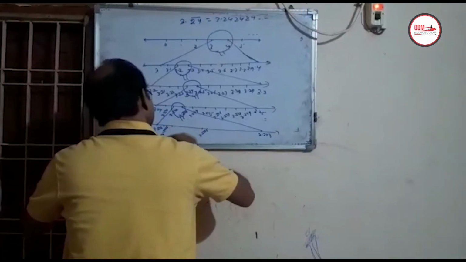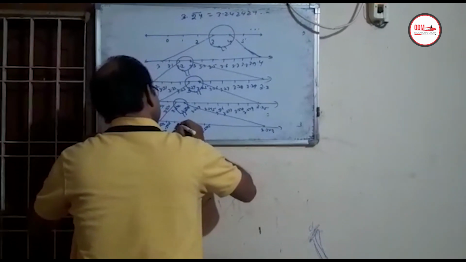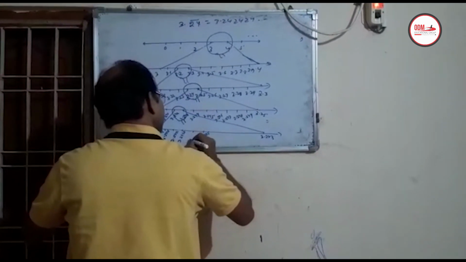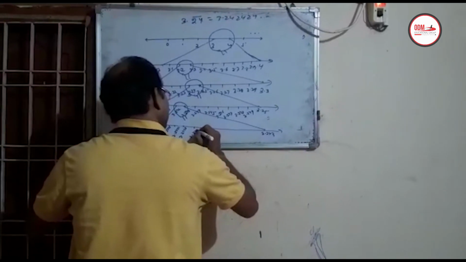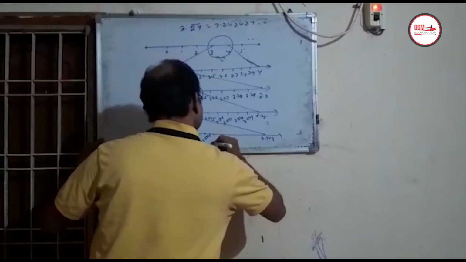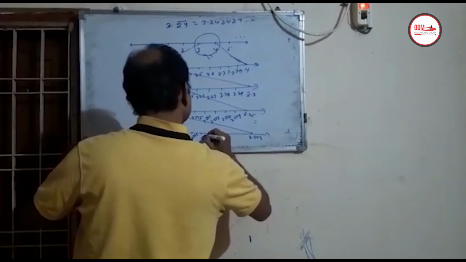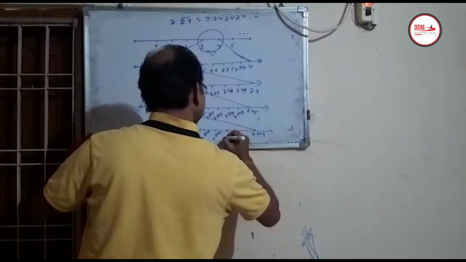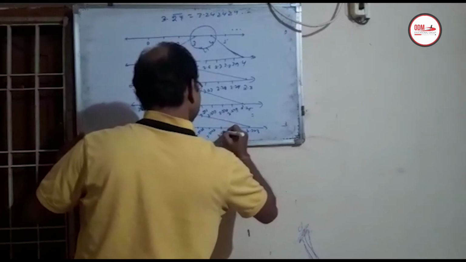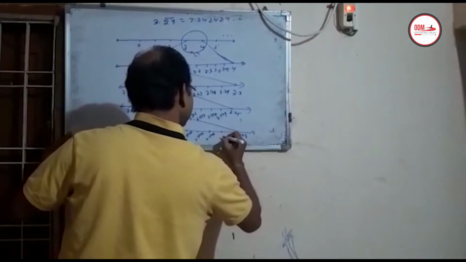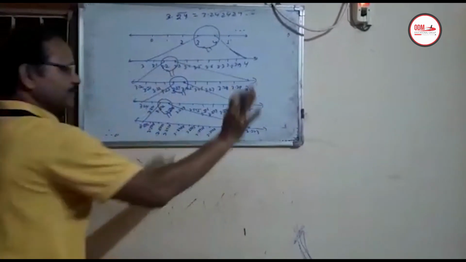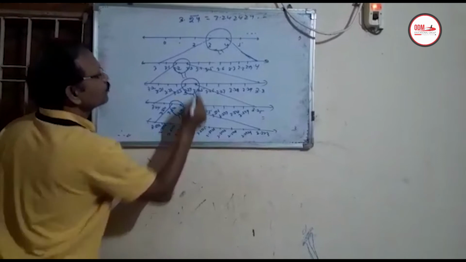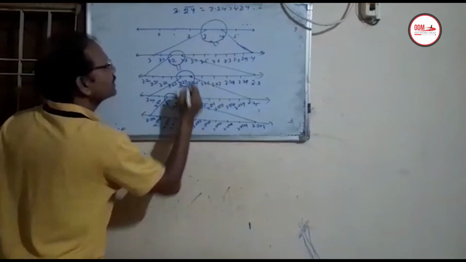This is 3.2421, 3.2422, 3.2423, 3.2424, similarly 3.2426, 3.2427, 3.2428, then 3.2429. Now you see this point indicates 3.2424, 3.2424, this point, 24 bar.